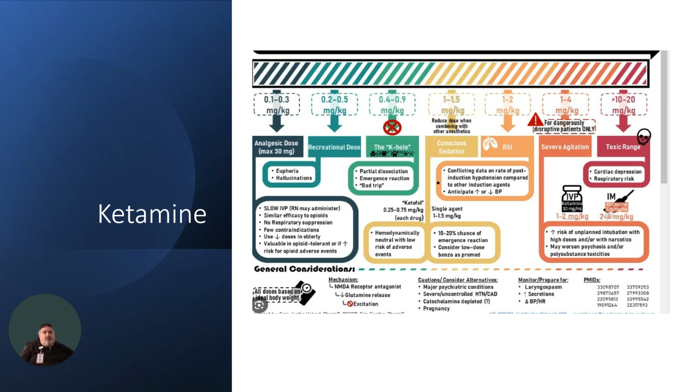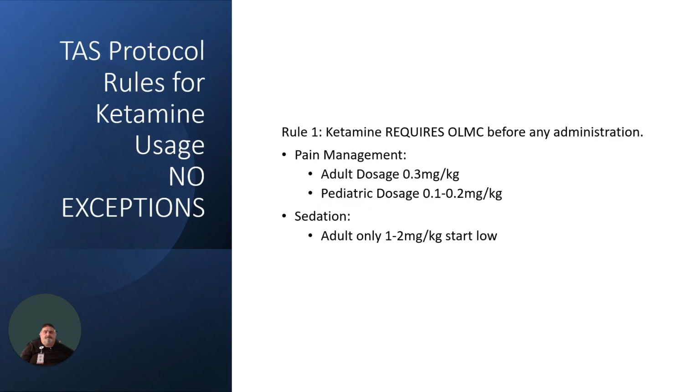So you've got to be on guard with this, maintain your scene safety, and protect yourself at all times. Anytime you're giving ketamine, of course, watch out for laryngospasm. You could get some elevated secretions, and you can have blood pressure and heart rate changes depending on how that patient is going to respond to the ketamine.